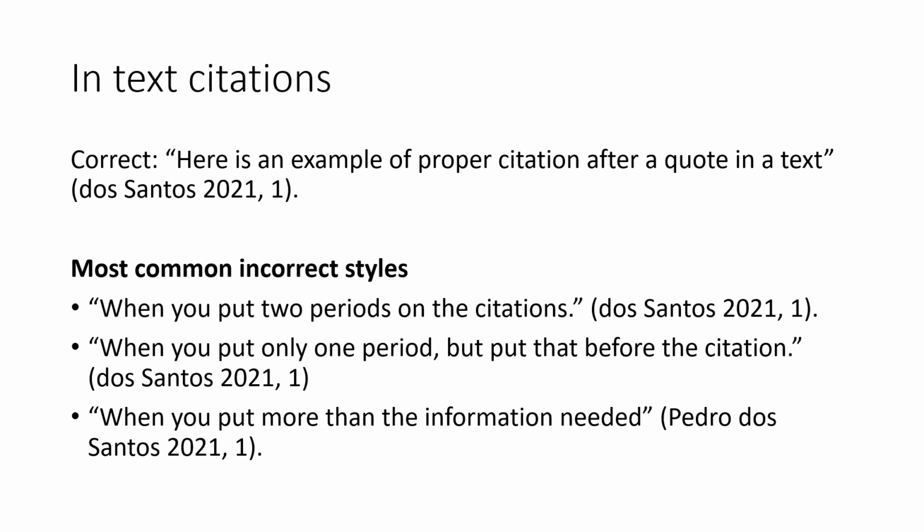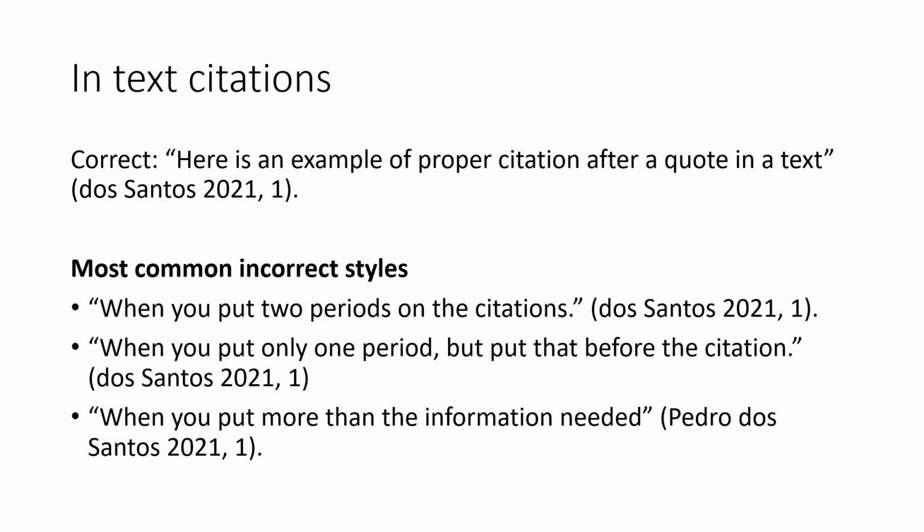All right, so here's a quick example of correct in-text citation, and then some of the most common incorrect ones, to help you understand what I mean. Sometimes I tell you on the assignment to go fix this, but if you don't know how to fix it, it gets a little tricky.